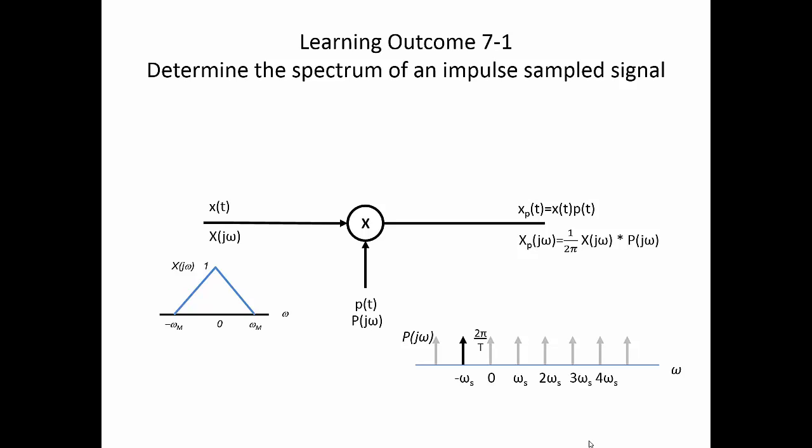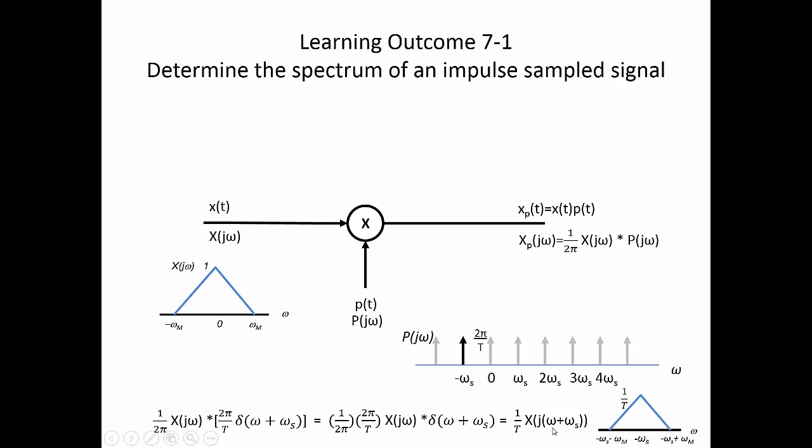Okay, let's try the negative one, when we're shifting to the negative omega s. Similar procedure. Now where does omega plus omega s equal 0? This 0 here, that's going to be negative omega s.